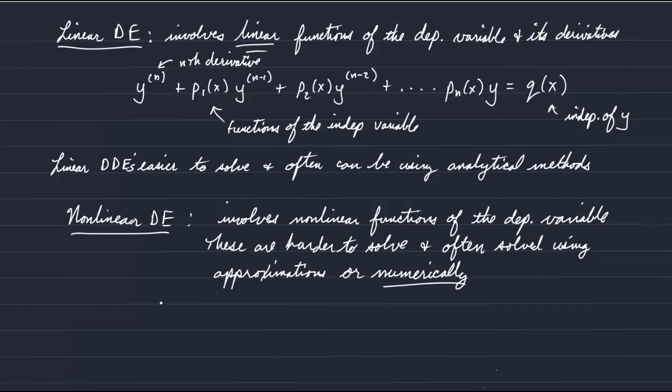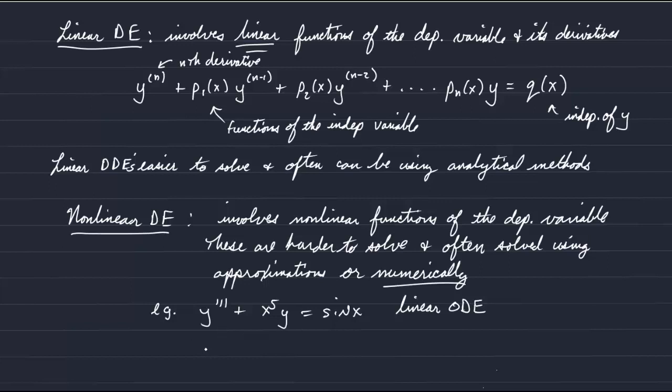Okay, so let's look at an example. If we have the third derivative of y plus x to the fifth times y equals sine of x, this indeed is a linear ordinary differential equation. It's an ordinary differential equation because y only depends on x, or the derivatives are only with respect to x, and they're linear functions of y or its derivatives.